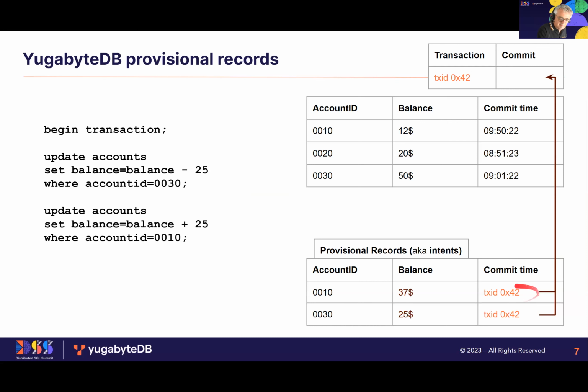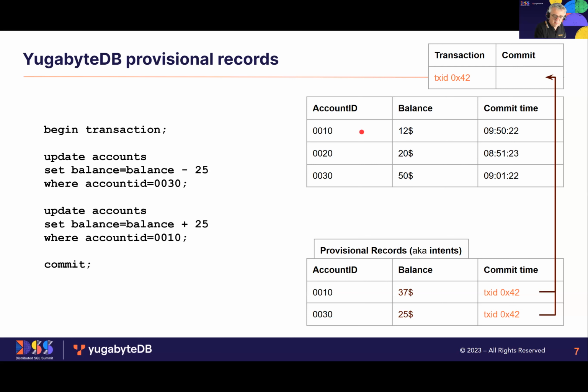And we don't know the commit time, but we can reference the transaction information in the transaction table. And this is how another session, when it reads the value for account 10, for example, will read the past value. It will see that there is a new value, but it will check the commit time. It is not committed, then it's not visible, and it will stay with this value.